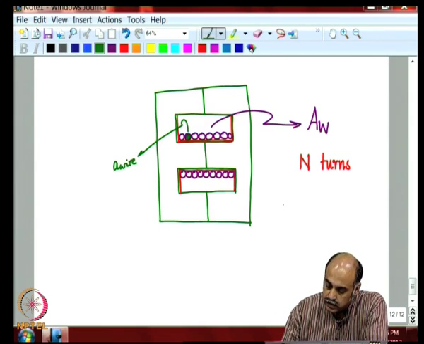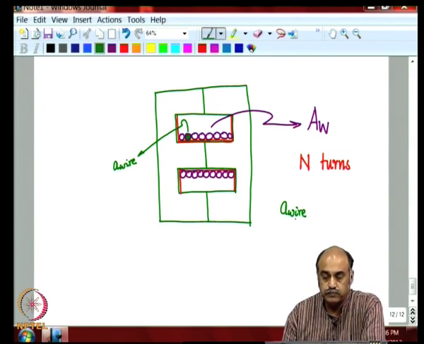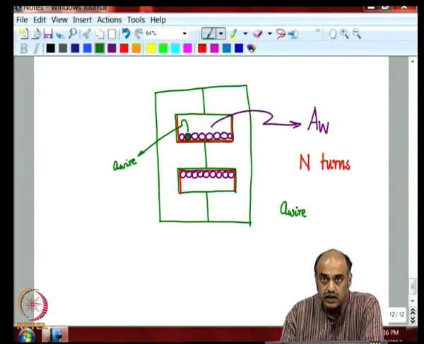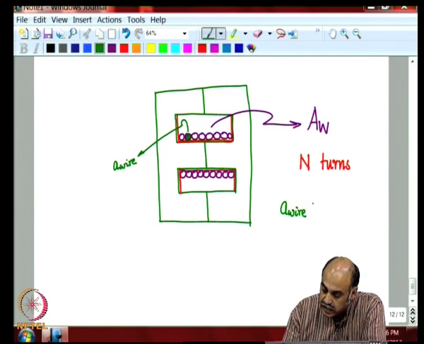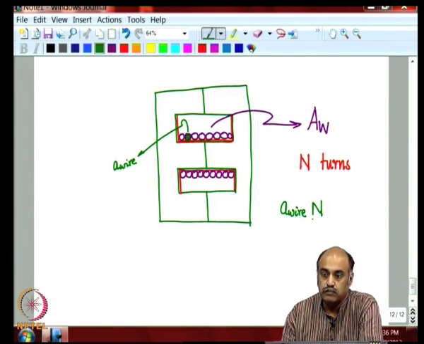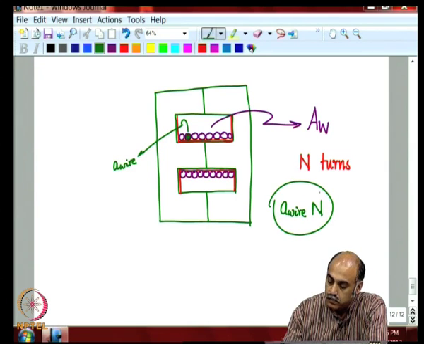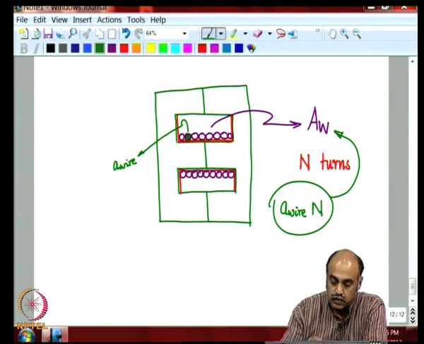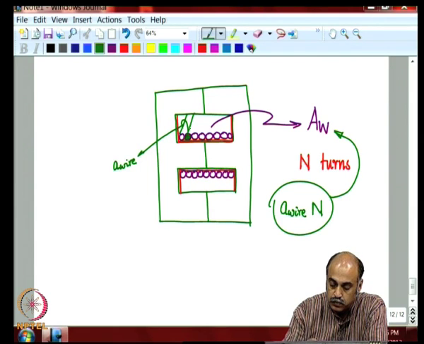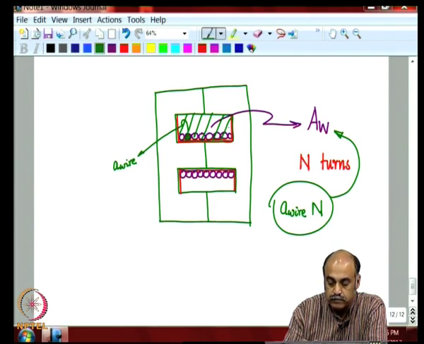So, A wire is the cross section area of the wire. N of them should fit into this window area. So, n of them should fit into this area.